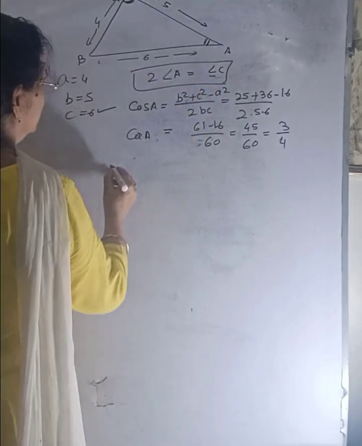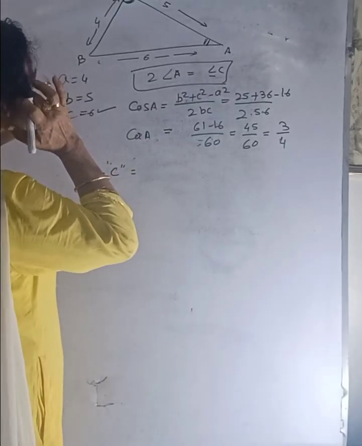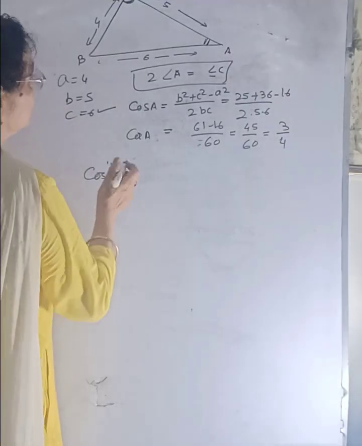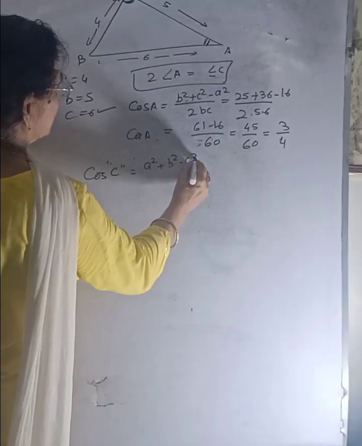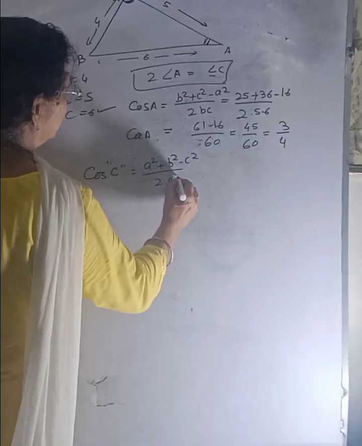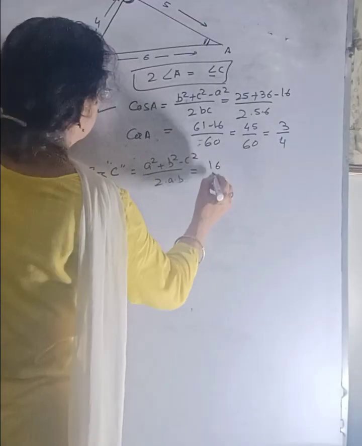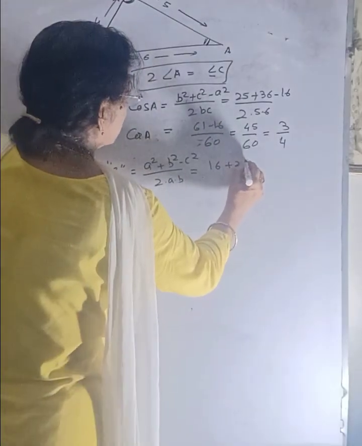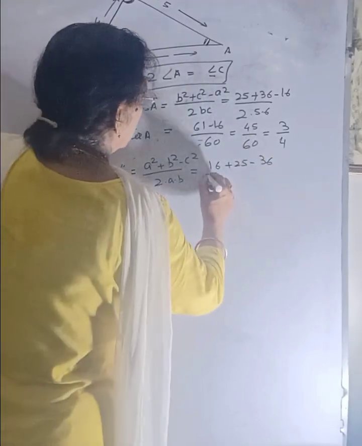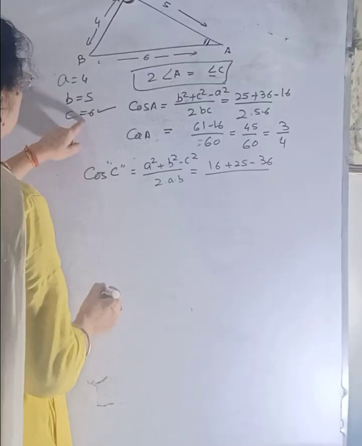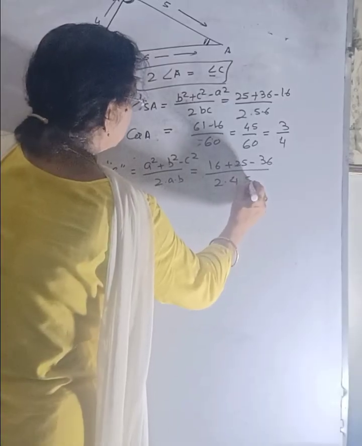Next, let us find cos C. Cos C will be equal to a square plus b square minus c square upon 2 into a into b. That will be equal to a square is 16 plus b square 25 minus c square 36 upon 2 into a is 4 into b is 5.